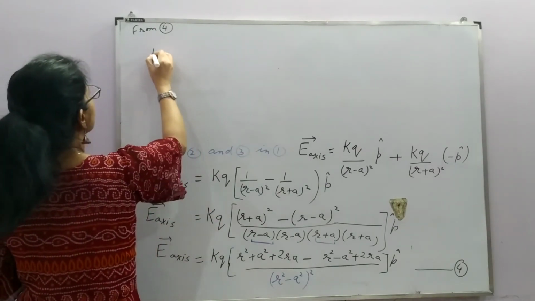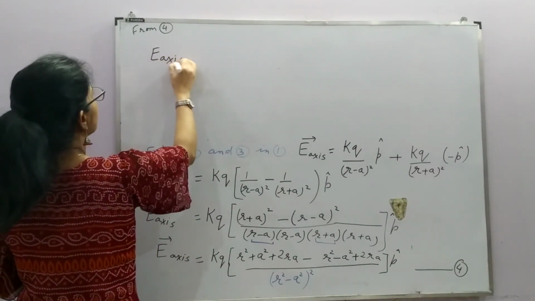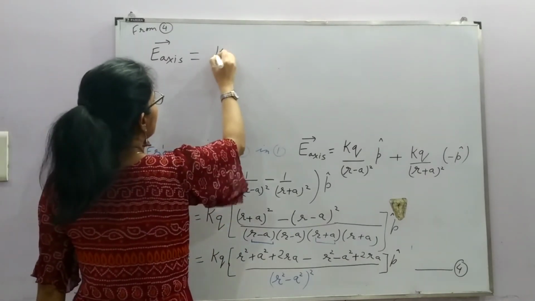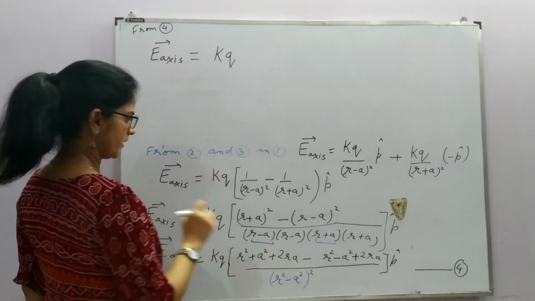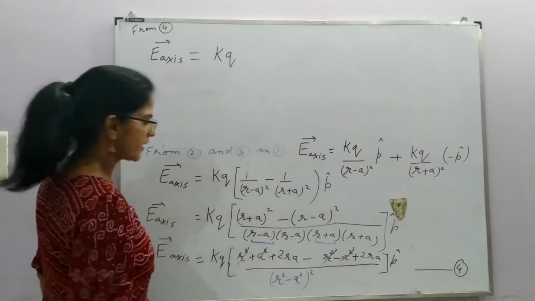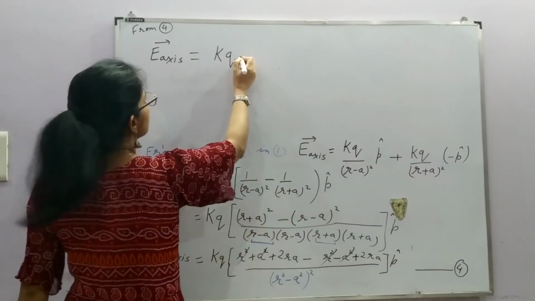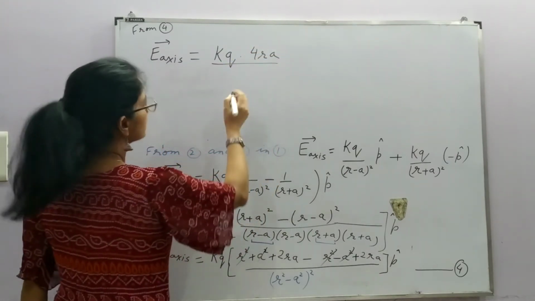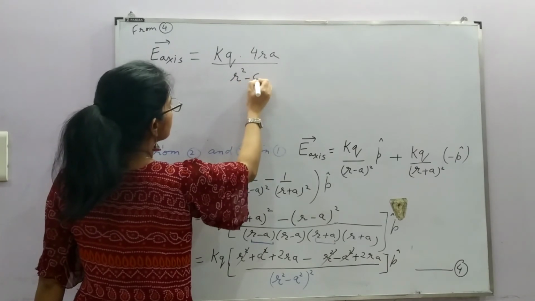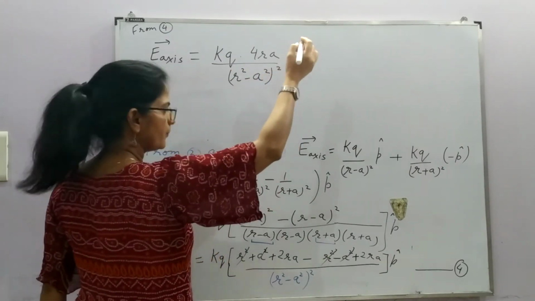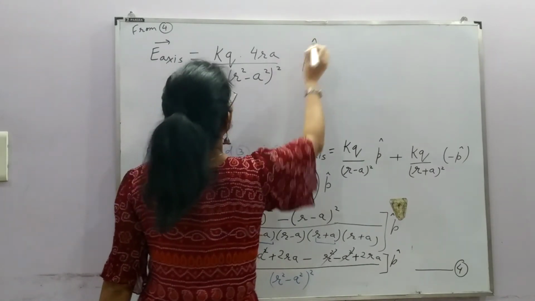From 4, E at a point on its axis is equal to K Q on the outer side, and this R square will be cancelled, this A square will be cancelled, 2RA makes it 4RA upon R square minus A square to the power square into P cap.